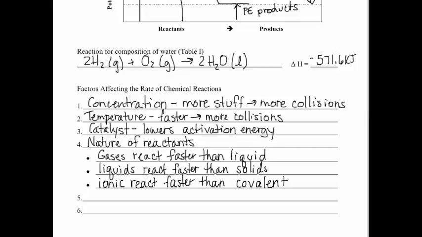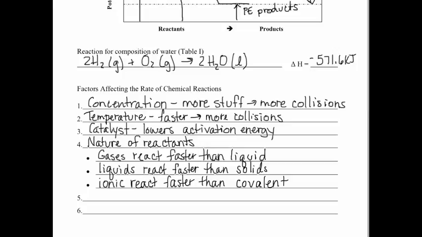Covalent compounds share their electrons, typically pretty close to equally, whereas in an ionic compound, the metal actually will lose its electron to the nonmetal, and then the two are attracted to each other because of their charges, the metal being positive, the nonmetal being negative. So it's easier for those to dissociate from each other, especially when melted or dissolved, than with a covalent, because even if you could dissolve a covalent, the atoms don't dissociate from each other, whereas in ionic they do.